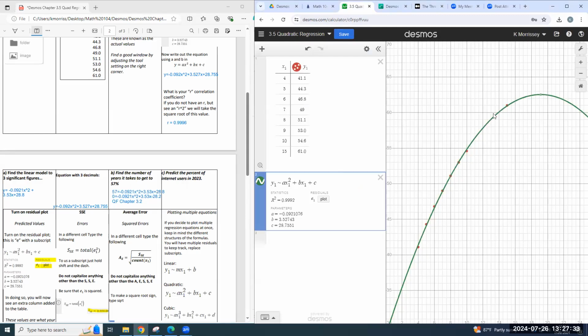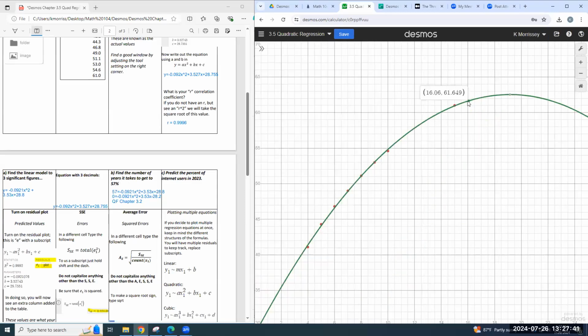So your equation being this in green. So we are looking at the y value to be 57%. And we want to get as close as we can to that 57. So notice I'm at 61. We're looking for 57%. Oh, I just went right over. Come on.